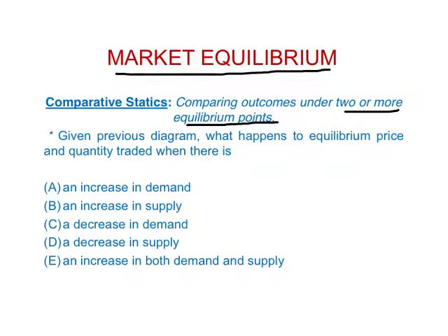This could happen because of shifts of demand or supply curves. And what we'll do subsequently or next is look at increase in demand, what are the consequences of that, an increase in supply, and then the opposite of that, and then a combination of A and B. So let us look at each of these one at a time.